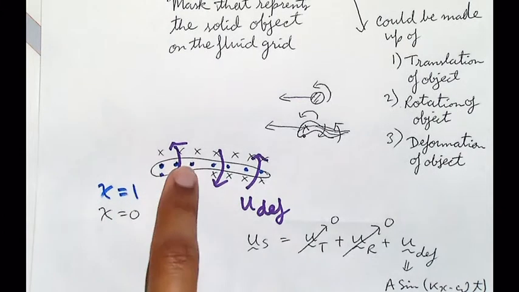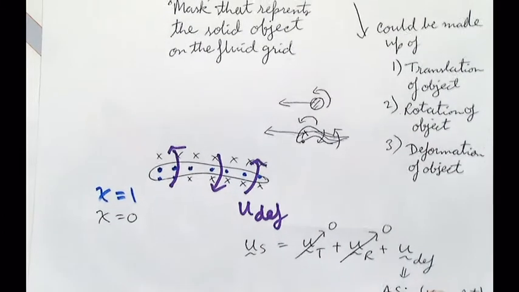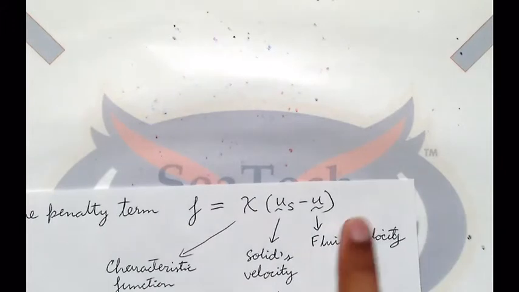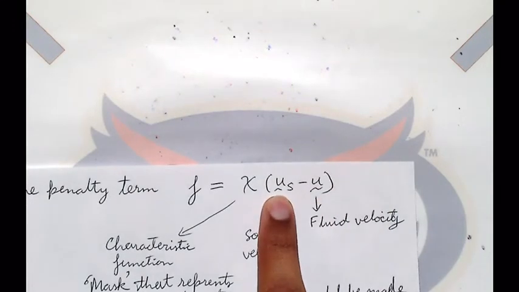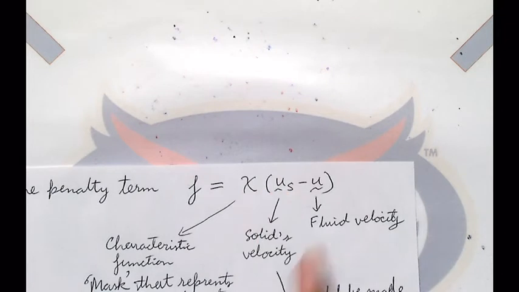So each point has a different value of u_def. But that doesn't matter because my formula is very general. So u_s at different i's would be different, and at those grid nodes you would enforce the required u_i. Does this make sense? Yes.